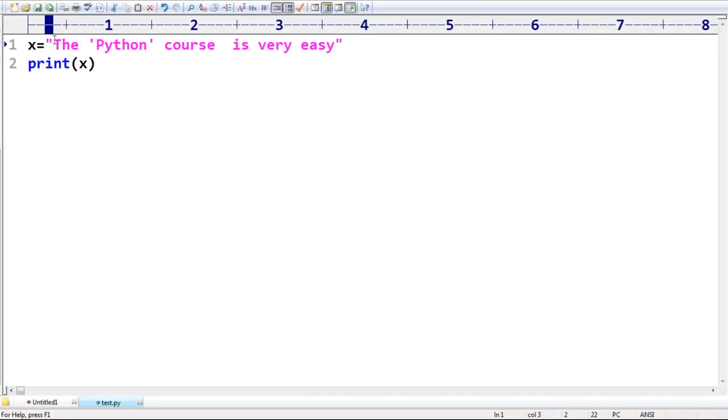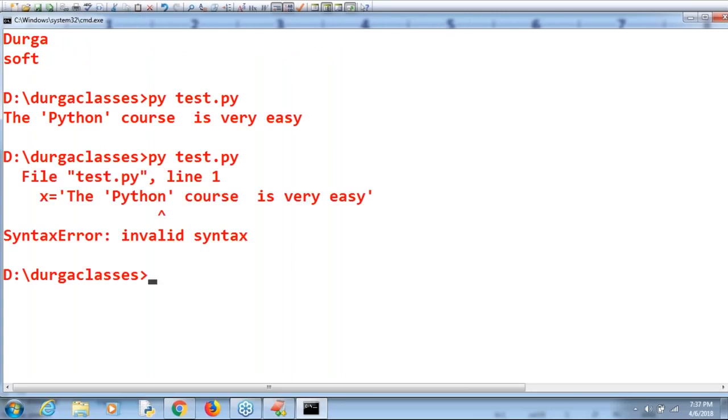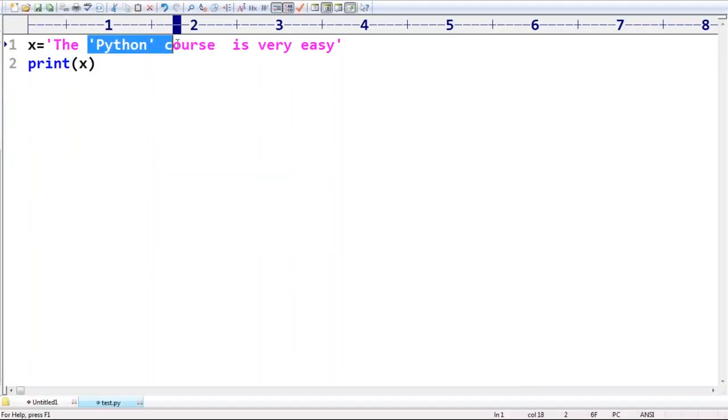By mistake, instead of double quotes, if I take single quotes, then have you observed, here the single quote closes, here the single quote closes, then this one becomes alone, and there is a chance of problems. If you want to use a single quote as a symbol, then compulsorily we should enclose within double quotes.